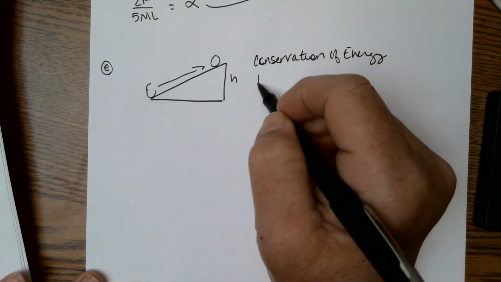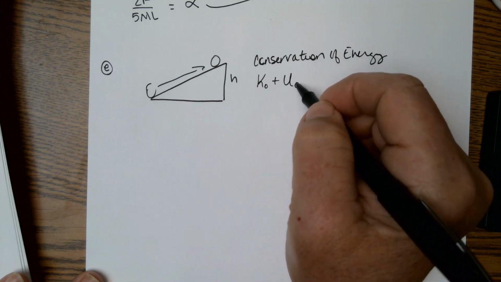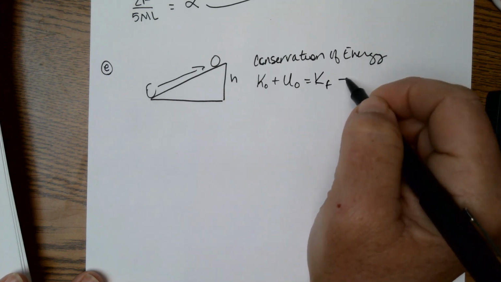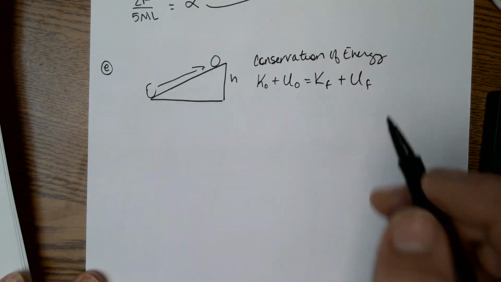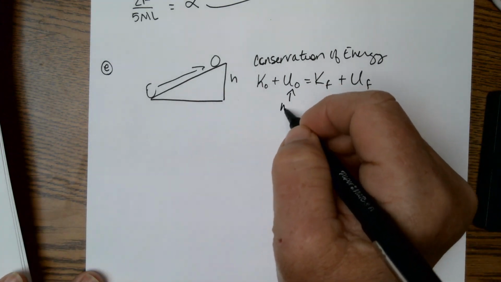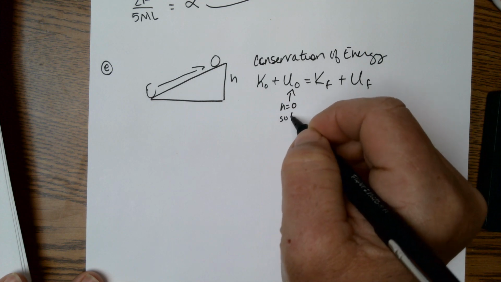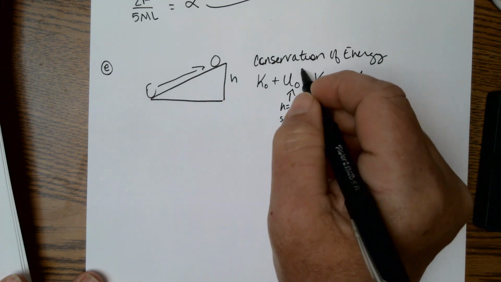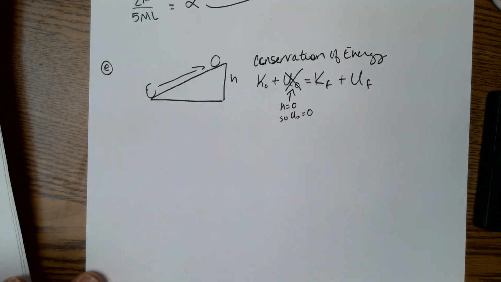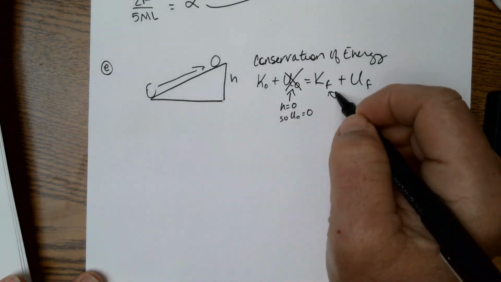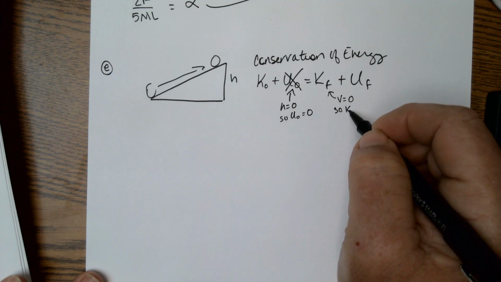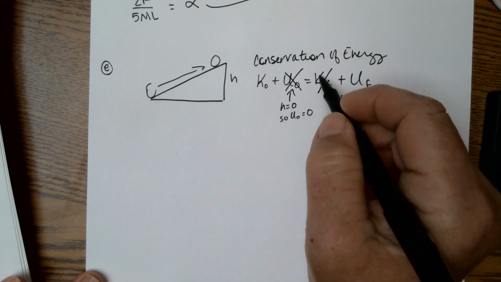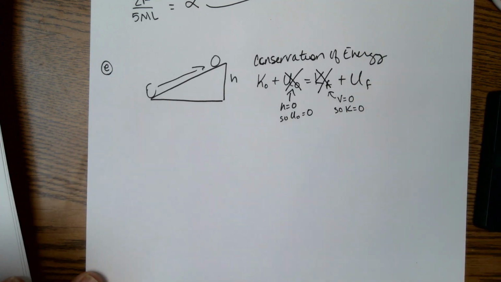Okay, and so we're going to do K naught plus U naught equals K final plus U final. But at the bottom of my hill, my height is 0, so U naught is 0. So goodbye U naught. At the top of my hill, I stop. So my velocity is 0, so my kinetic energy is 0. So goodbye kinetic energy. And this is what I'm left with.